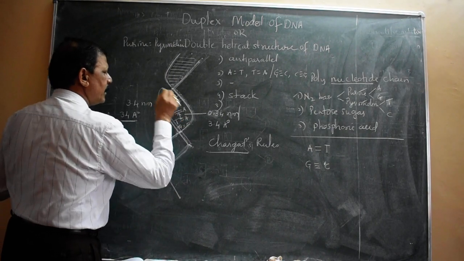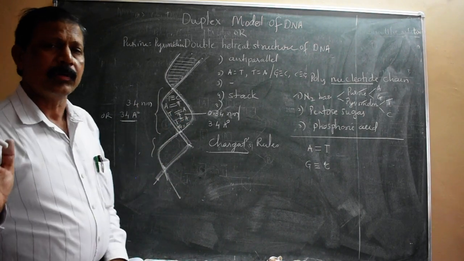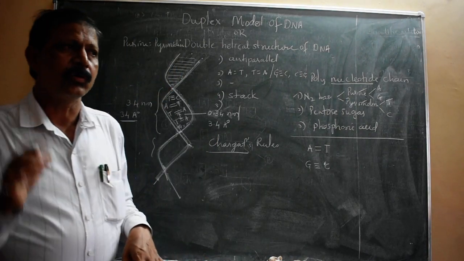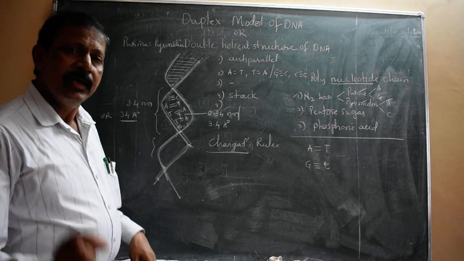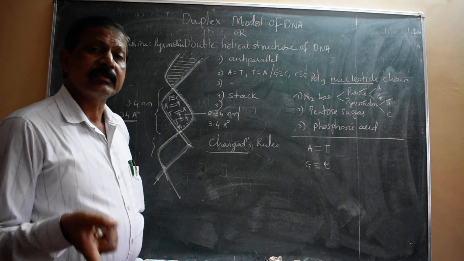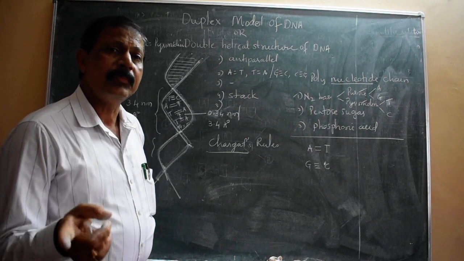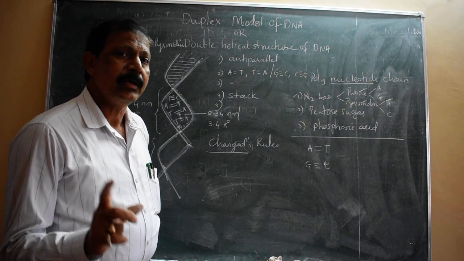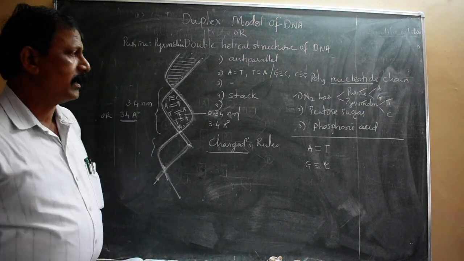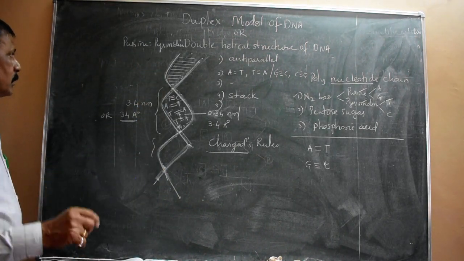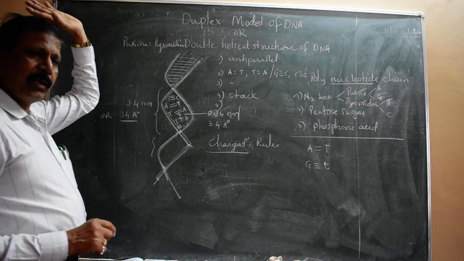Then thymine, then adenine. So the total number of purines is equivalent to pyrimidines, because in a DNA molecule a purine is always combined with a pyrimidine, or a pyrimidine with a purine. So in a given length of DNA molecule, the amount of purine is equivalent to the pyrimidine.